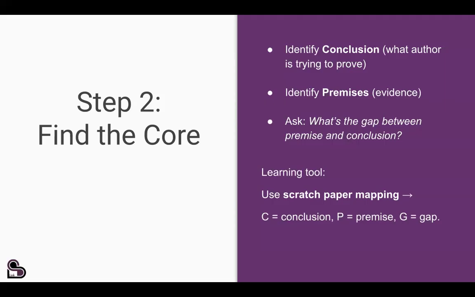These building blocks and tools, used repetitively, make you super strong and really tighten up your timing and help your success. So here's the second tool: mapping, using the conclusion, the premise, and the gap identification.